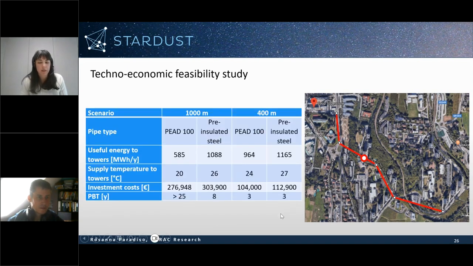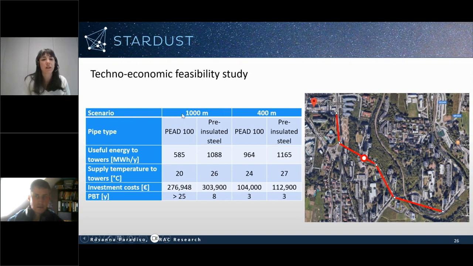In this table, I summarized the economic figures of the investment of the economic feasibility study. I put 2 scenarios, or it's better to say 4 scenarios.